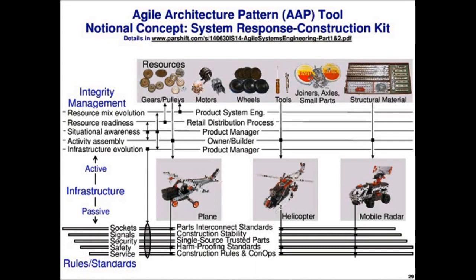Most importantly, though, there is this thing referred to as integrity management. There are 5 responsibilities that are absolutely key, or you will not have a sustainable Agile process. And they're listed on the left there.